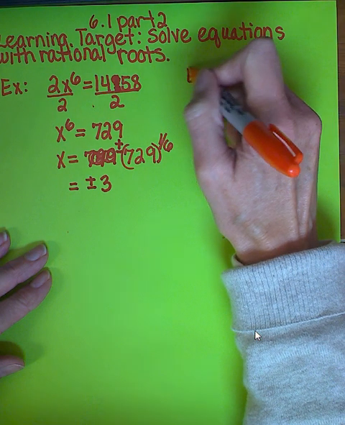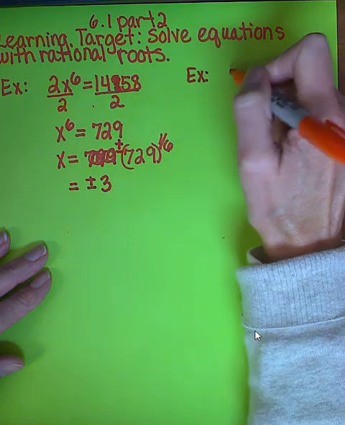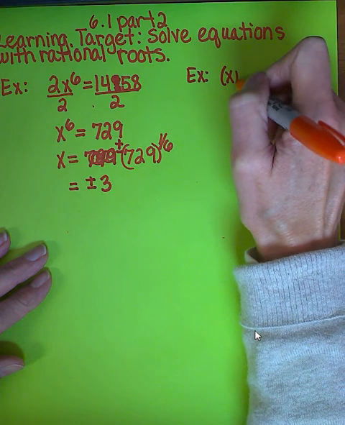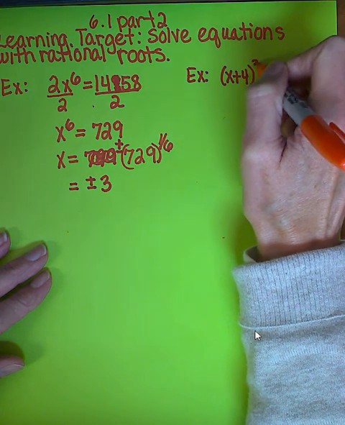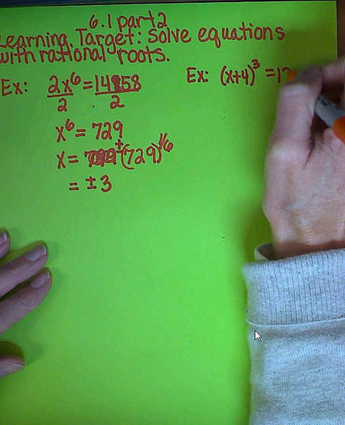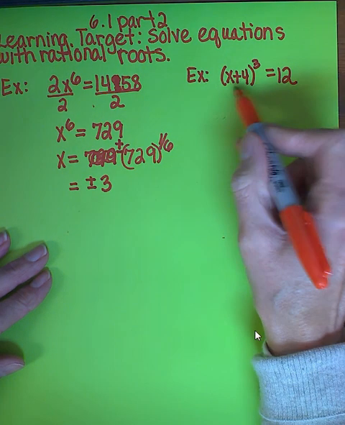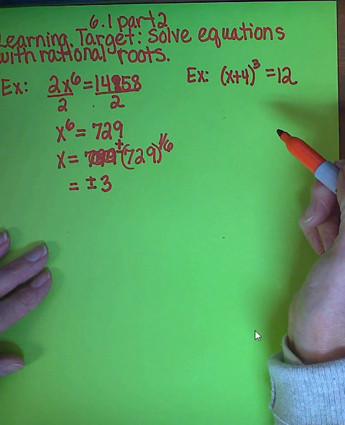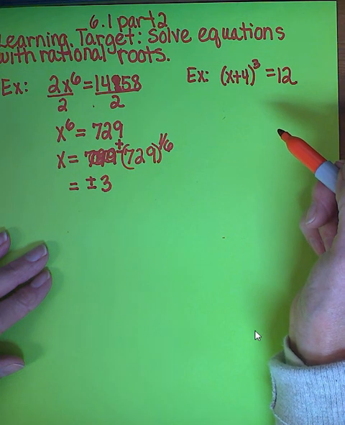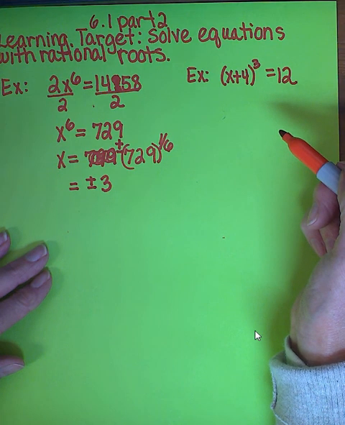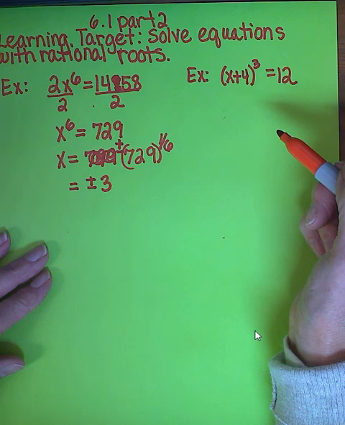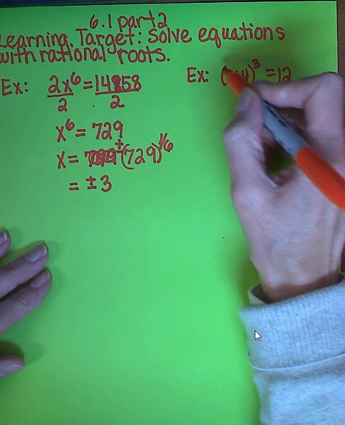Alright, let's do another one. Okay, a lot of students are tempted to try to multiply this out, but that would take quite a while since it's cubed. And so the easier thing to do is just go ahead and take the cube root of both sides, and remember that's the same as the 1/3 power.